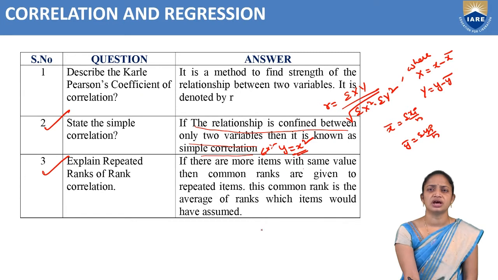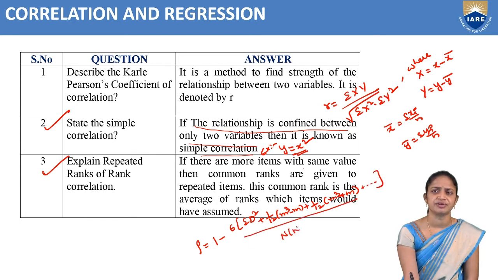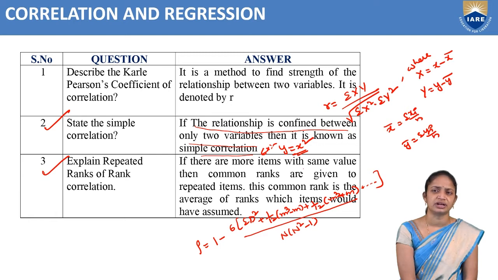Therefore, the rank correlation coefficient for repeated ranks is rho equal to 1 minus 6 times sigma d square plus 1 by 12 (m cube minus m) plus 1 by 12 (m cube minus m) plus and so on, divided by n into (n square minus 1). So this is our rank correlation coefficient for repeated ranks or equal ranks.